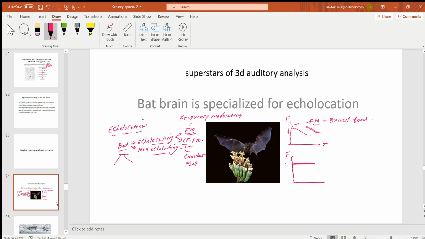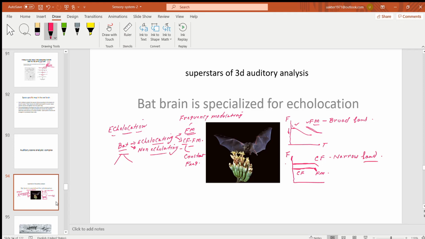So narrow band, CF, narrow band. Okay, sometimes we see that CF bats add a small part at the end that is FM. So we will say CF-FM. This part is constant, this part is modulated, broadband.